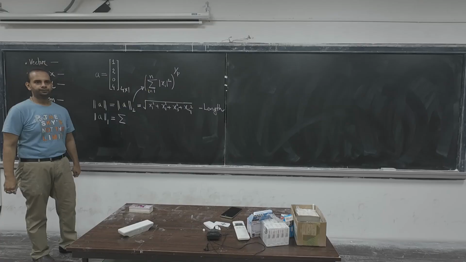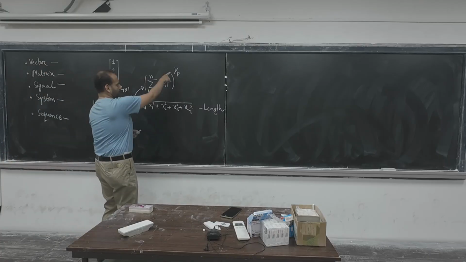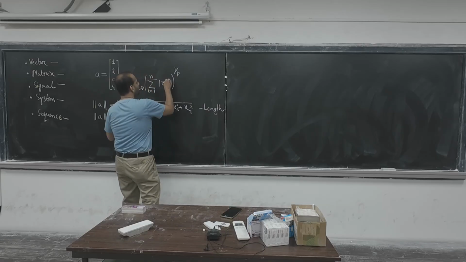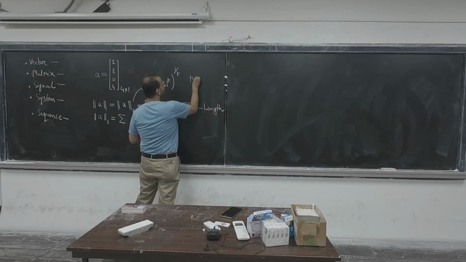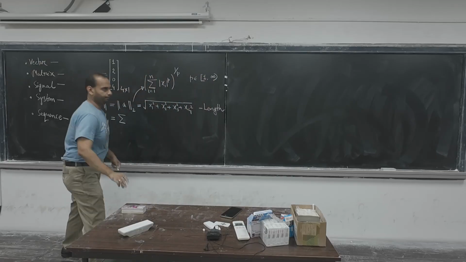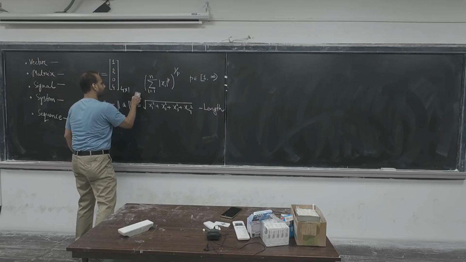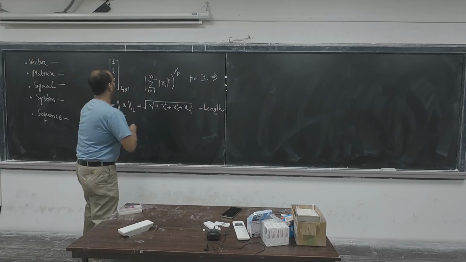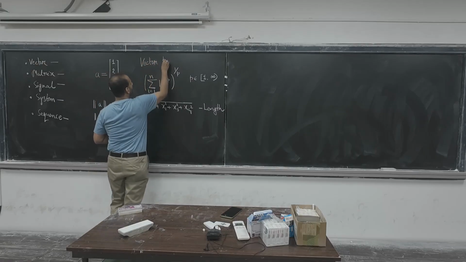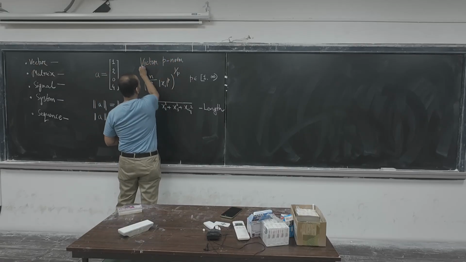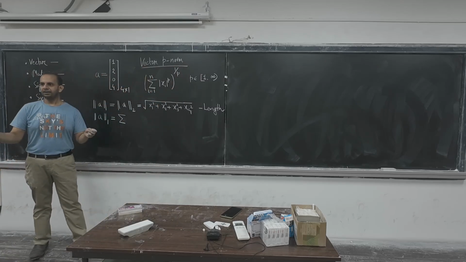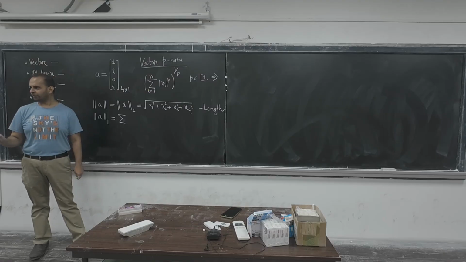So then x to the power p will be there, where p belongs to the real numbers. This is the vector p norm.